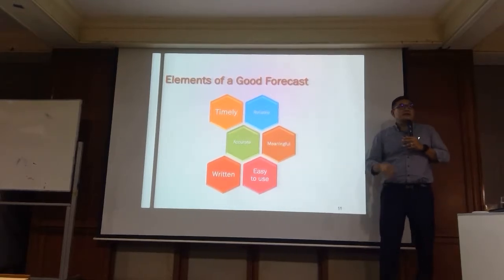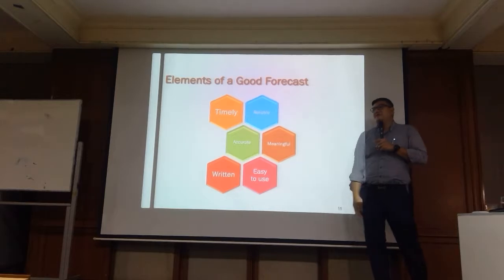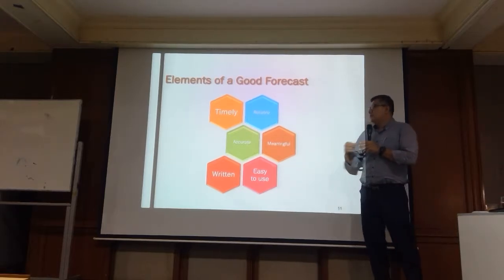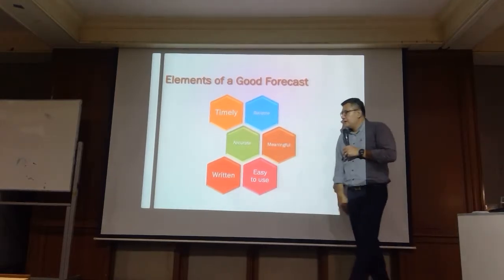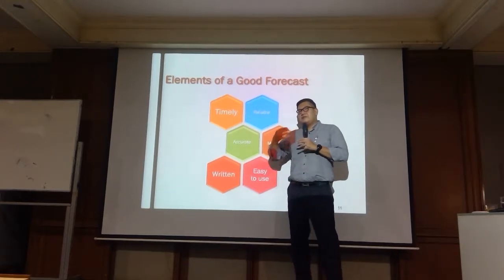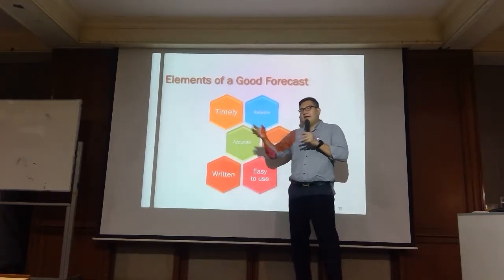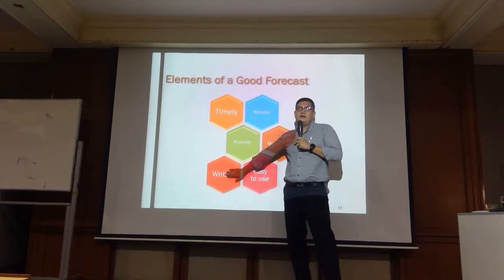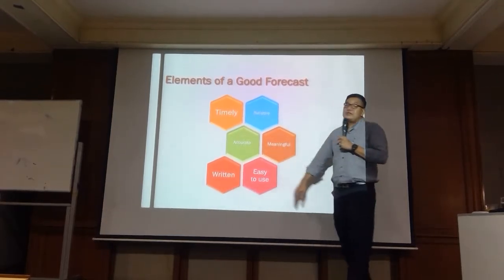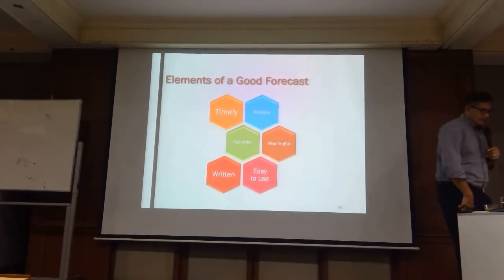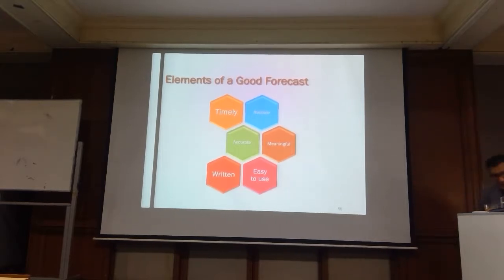Sometimes you forecast the number of units that you sold. It's different, right? So it depends. Good record-keeping means that once you make the forecasting, everything that you have done, you need to record, right? And easy to use is better. If you have something quite complex, it's not good because it's difficult to use.